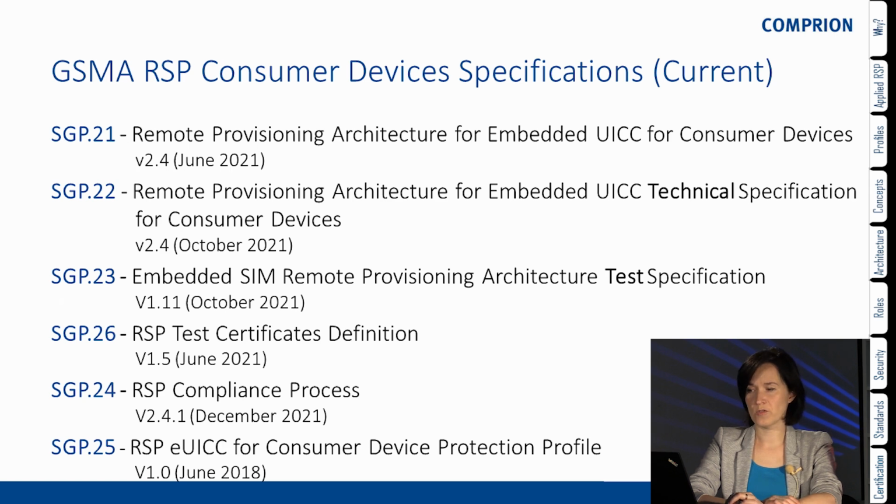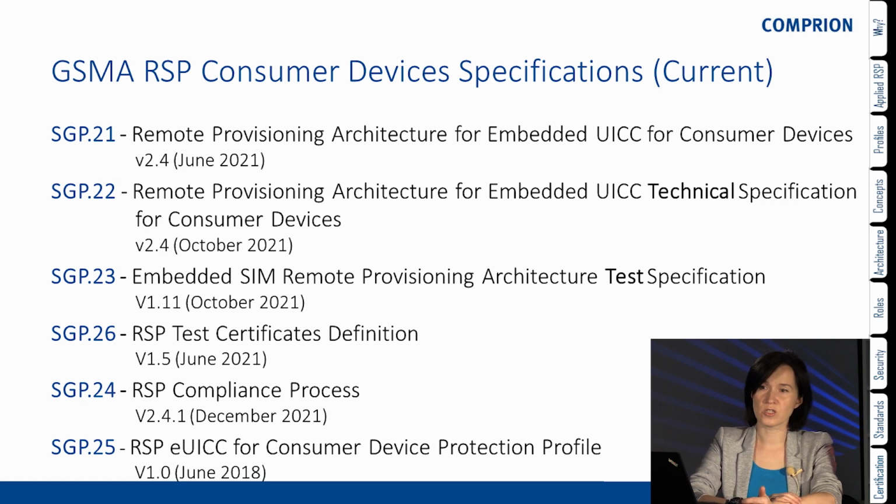So you can see the current version on the screen. This version is applicable to the latest version of the core technical specification. And we have SGP26 for the certificates, which are used for testing of the compliant products. As you remember the certificate scheme, it's important to know that if you submit your product for testing in any of the certification bodies, you need this product to be properly configured.